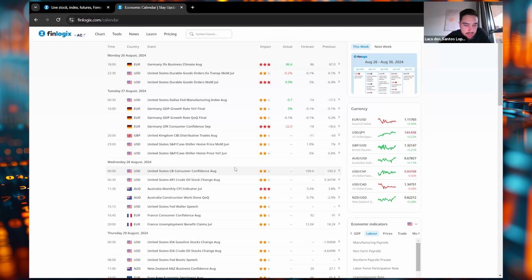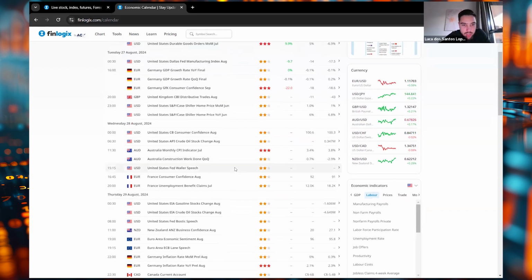Later on Wednesday, we're gonna have CPI for Australia, expected to cool down from 3.8% previously to 3.4%. Really interesting how things are going, because as an Australian, I can tell you, my friend, that this is a lie.